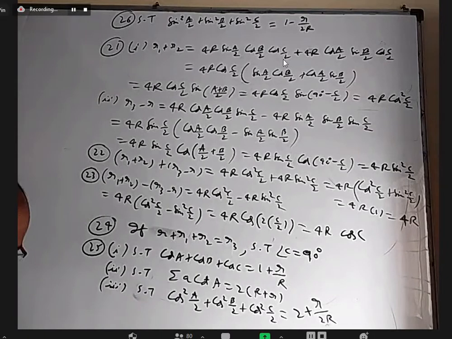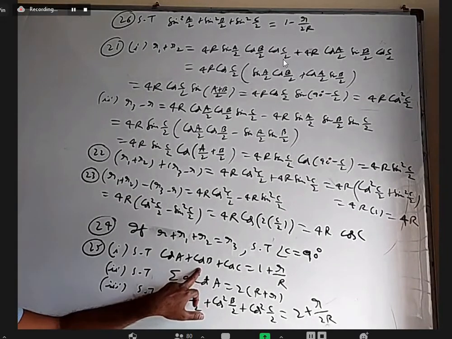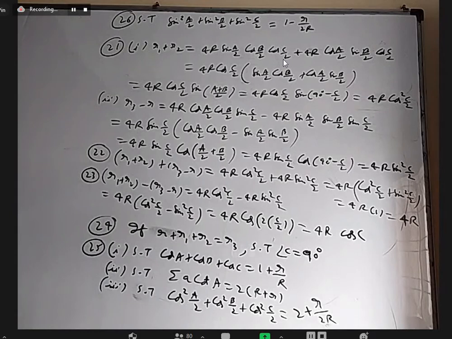Sandeep, roll number 372, you're able to follow? Yes, sir. Okay. Sir, in 25th question, it is better to start from RHS, no, sir? No, it's okay. Either way you can start, but for this transformation directly, it is 1 plus 4 sin A by 2 sin B by 2 sin C by 2. Yes, sir, that's what I use.